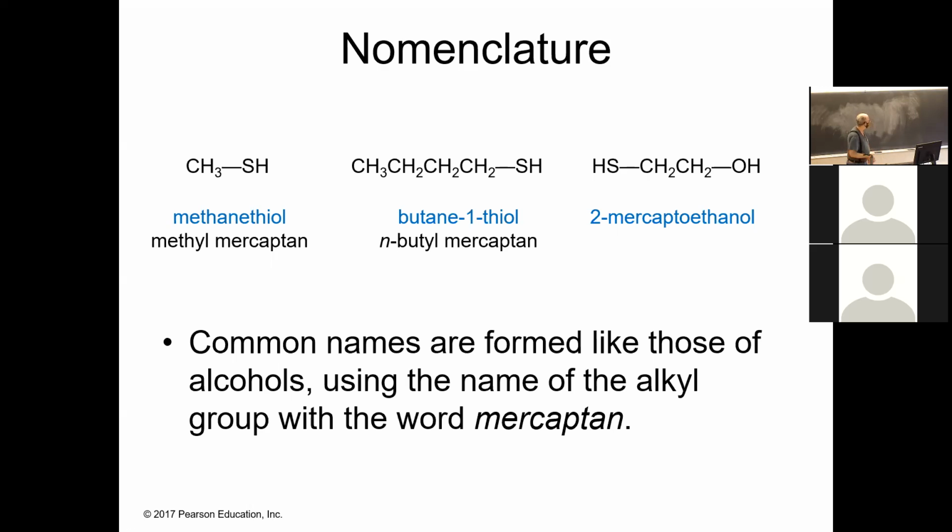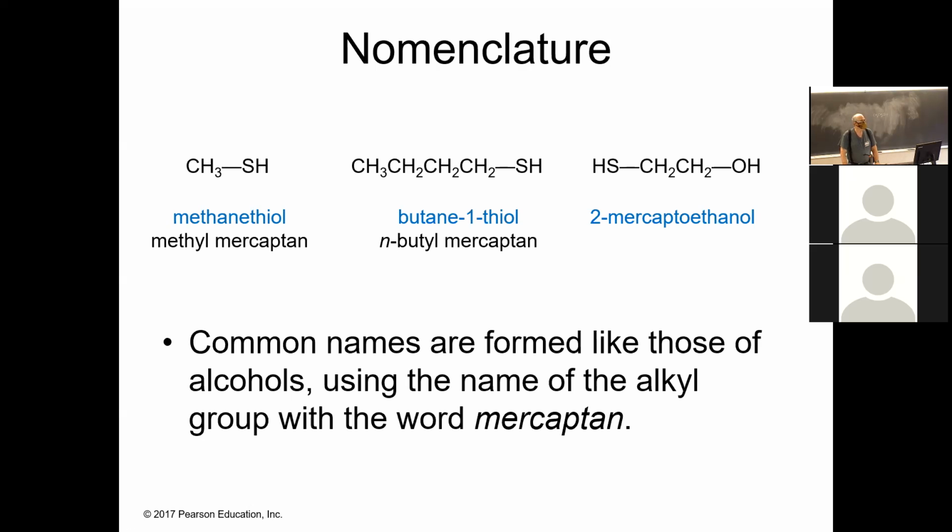Ethane thiol, or in the oil and gas industry, they call this ethyl mercaptan. Traces of this are actually added to natural gas, and the reason is so you can smell a gas leak.